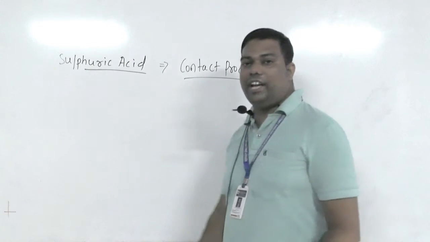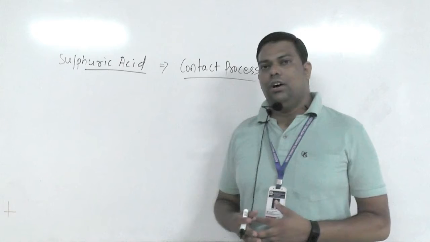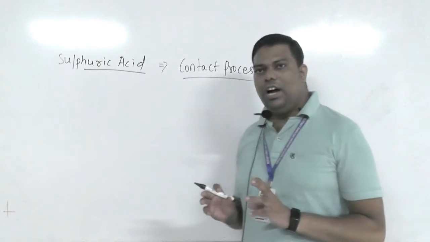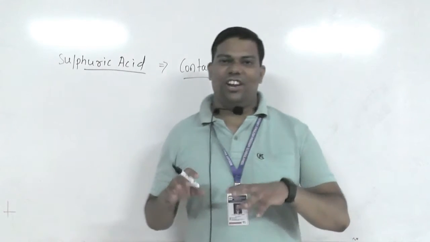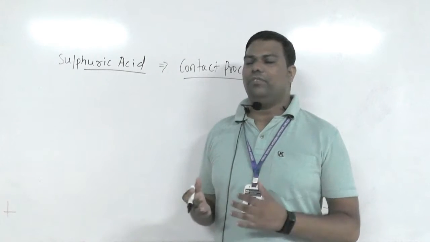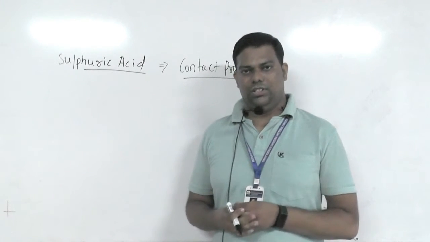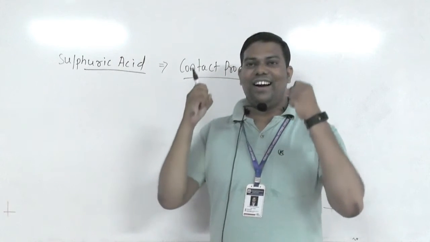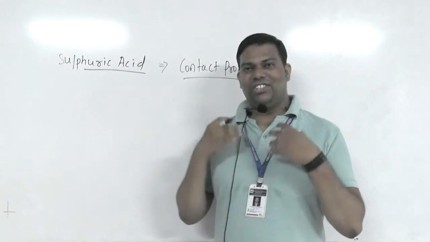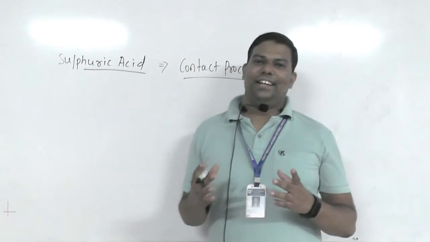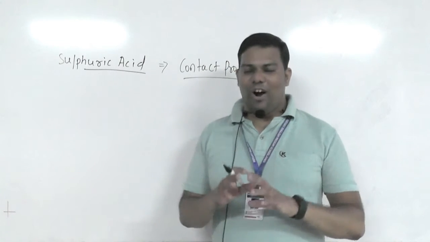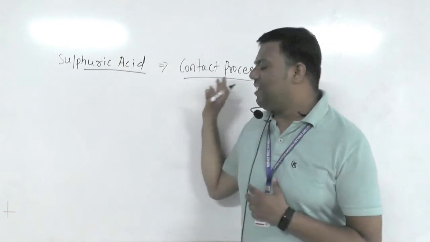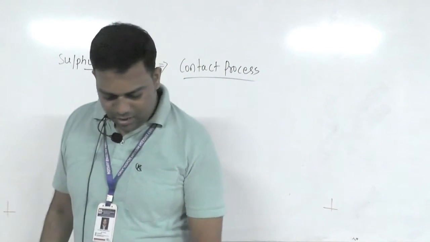Like we discussed prior, ammonia is prepared by the industrial method, the Haber process. Thereafter we discussed the industrial method for the production of nitric acid, the Ostwald process. And now for the important acid, sulfuric acid, the contact process. Keep in mind this name.